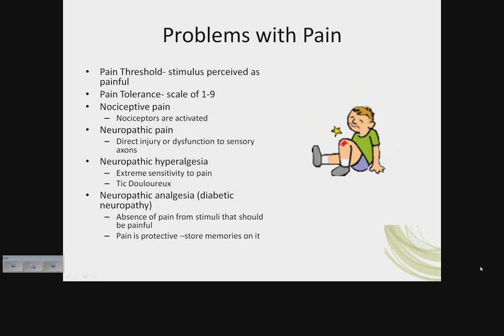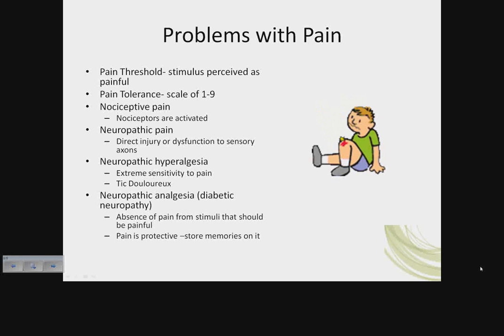Neuropathic analgesia, as I described in our just last week's lecture, can happen in diabetic neuropathy because of the high blood glucose levels, leading to vascular changes, and neurons need blood vessels too for the delivery of nutrients. And without these nutrients or oxygen being delivered, the neurons become dysfunctional. They do not relay the sensation of pain.